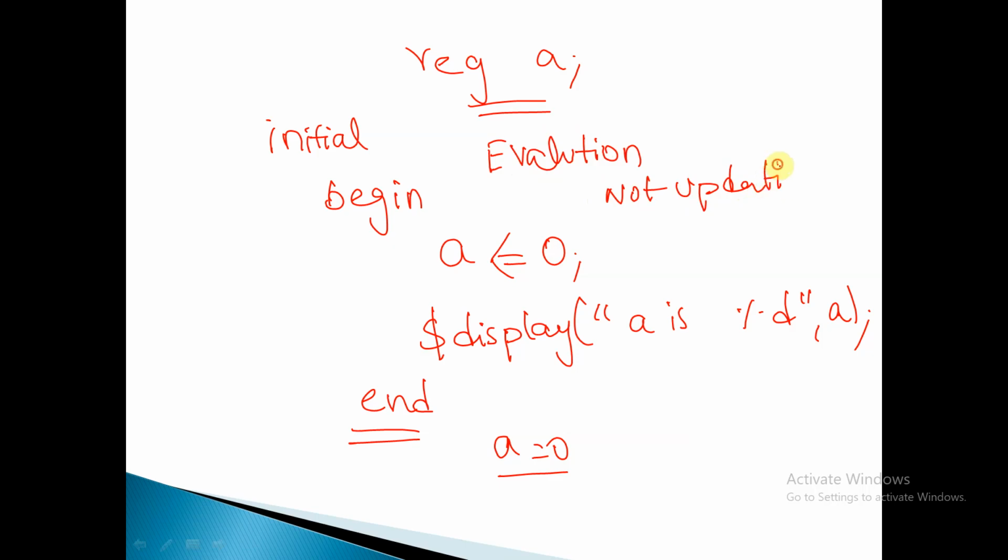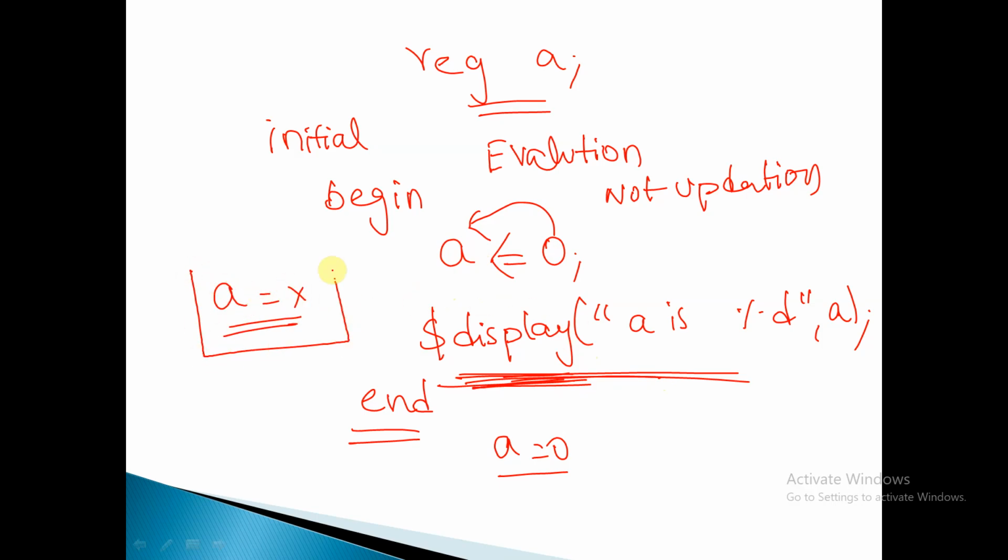That is, the RHS is not going to be assigned to the LHS in the active region. But my dollar display is in the active region only, so it cannot see the value of the LHS. If I try to display this value, I will get a is equal to unknown. Is it clear for everyone?